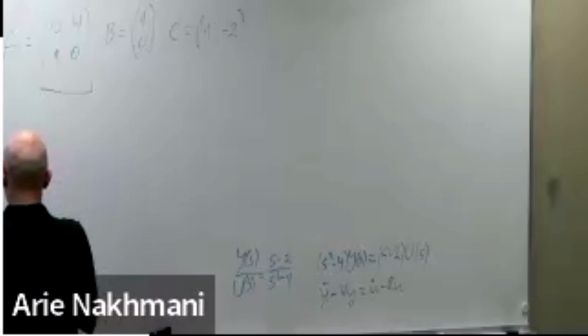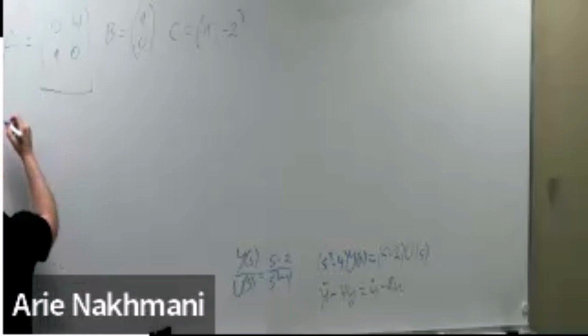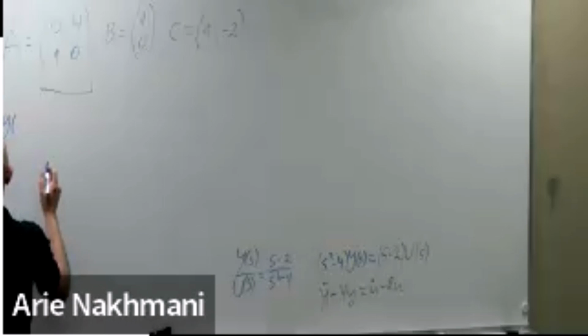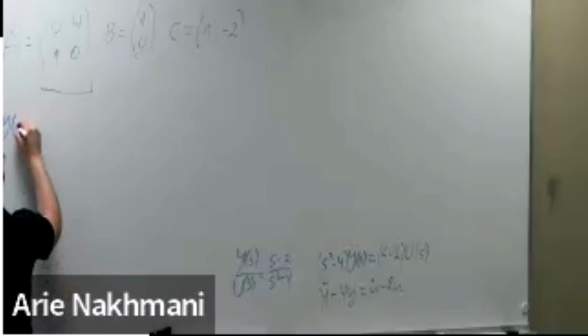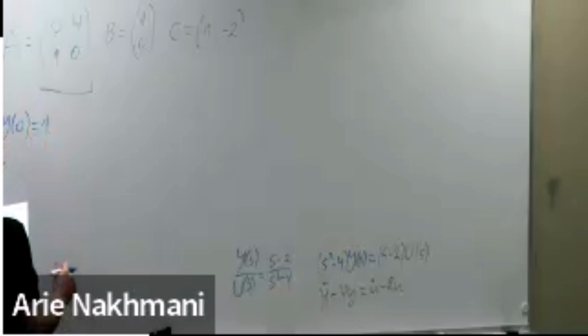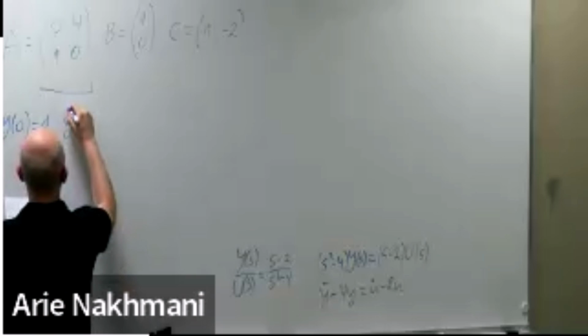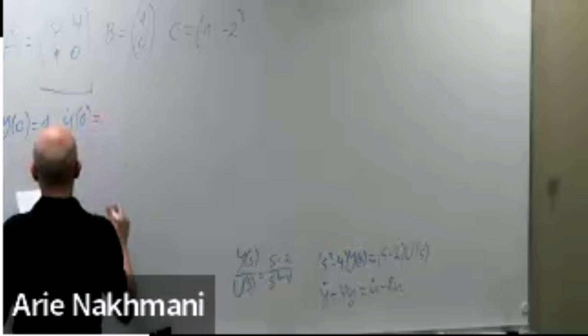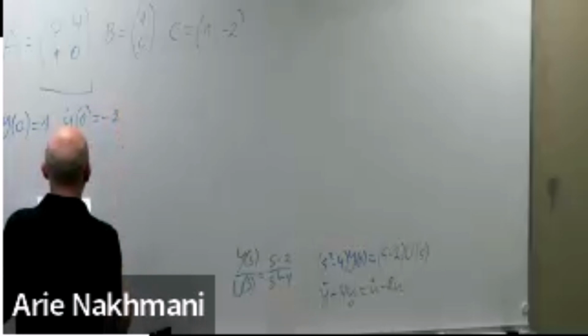Okay, so here's what is given. We are given that y0 equals 1, and the y dot 0 initial condition is -2.